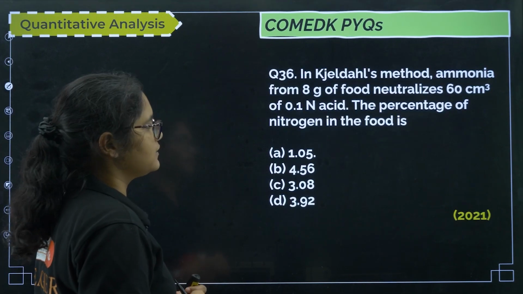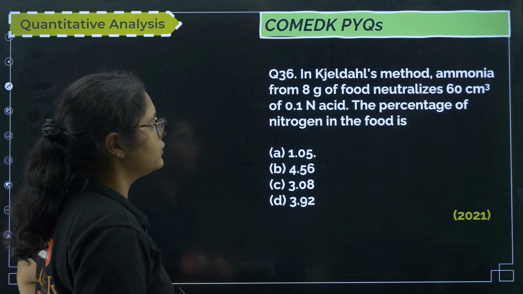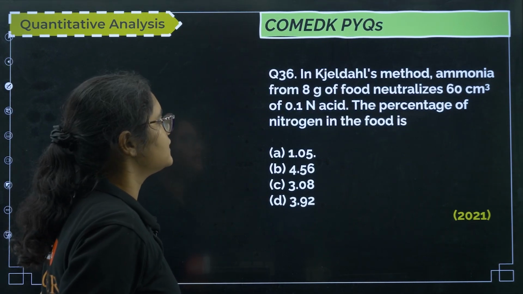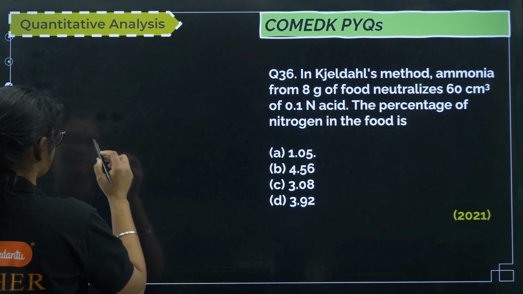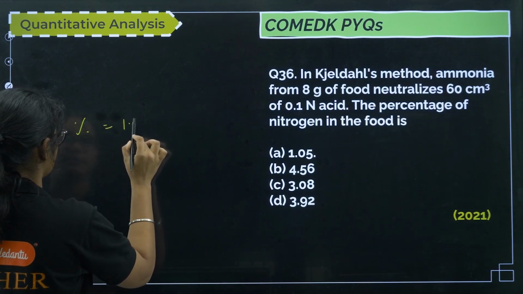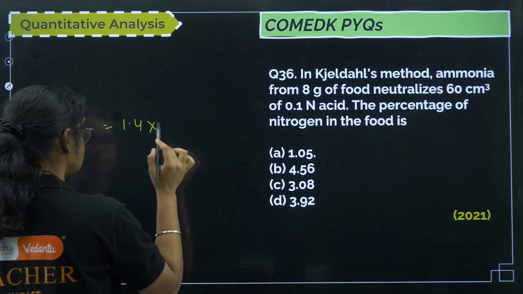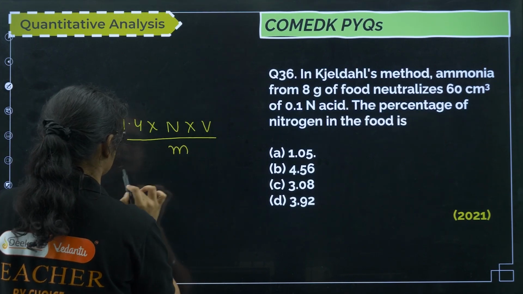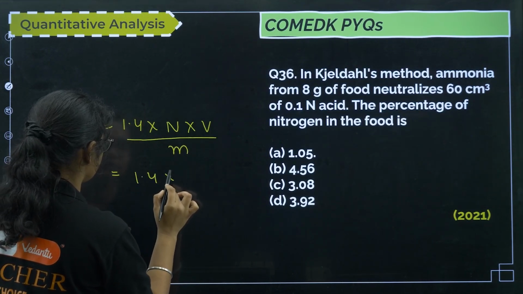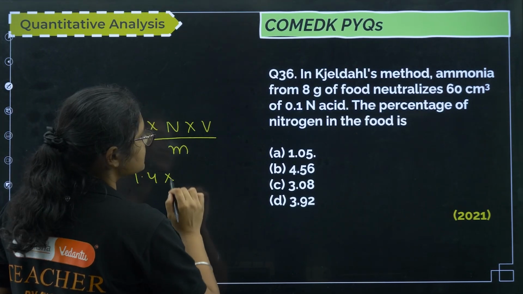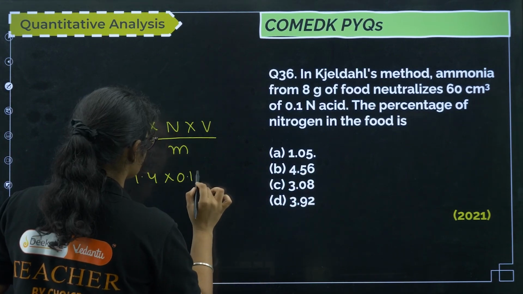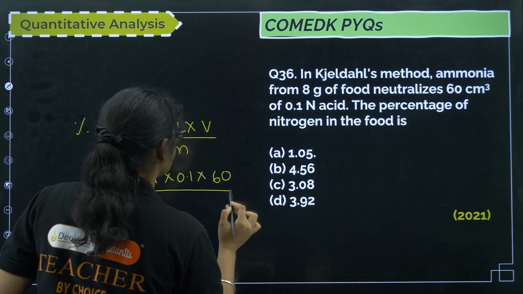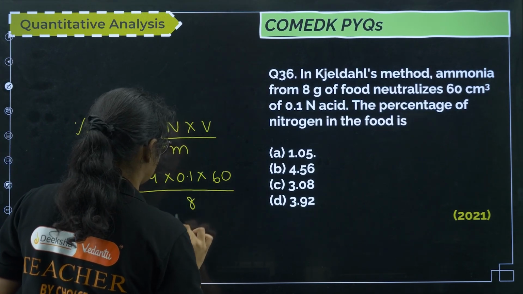Next, in Kjeldahl method, ammonia from 8 gram of food neutralizes 60 centimeter cube of 0.1 N acid. The percentage of nitrogen. So if you remember, percentage of nitrogen formula is 1.4 into N into V divided by mass of the organic compound. So I can substitute the values, 1.4 into 0.1 into 60, divided by mass 8, right.